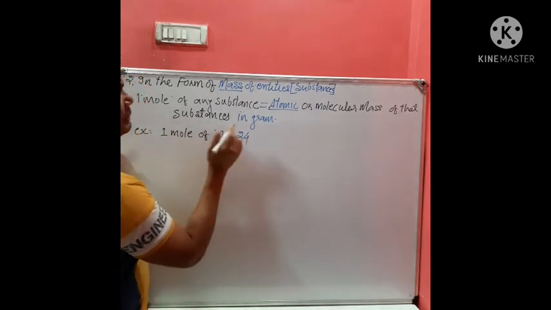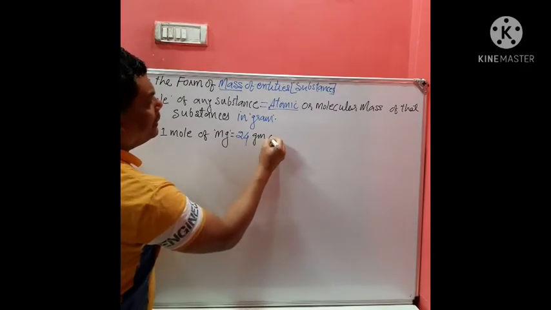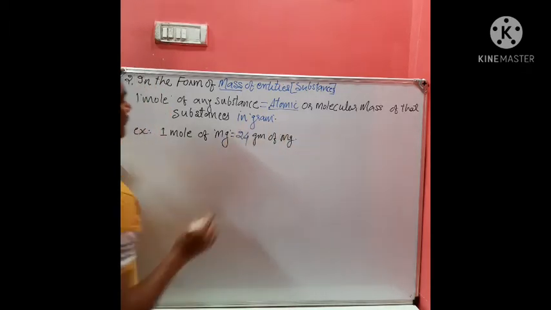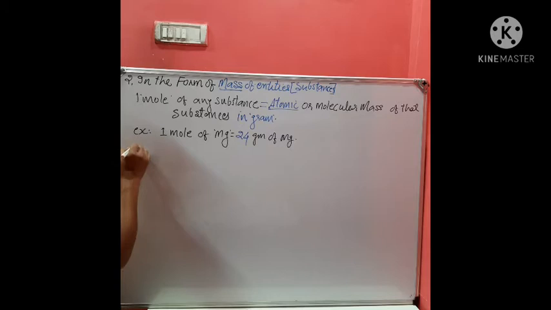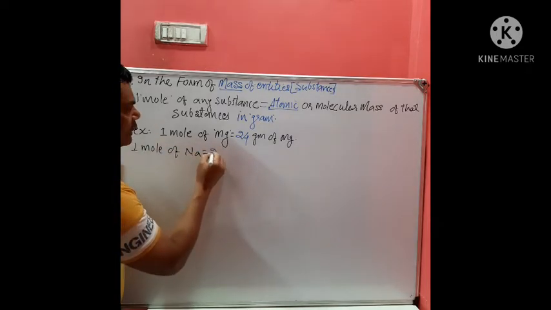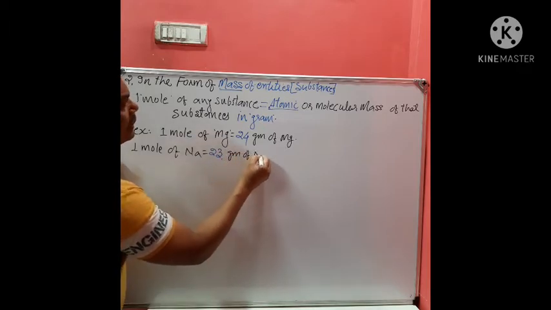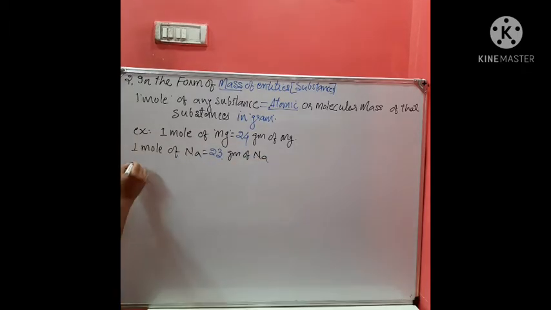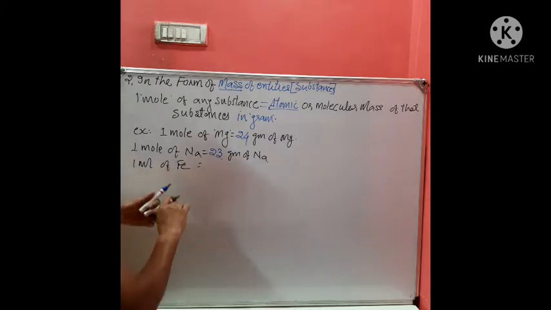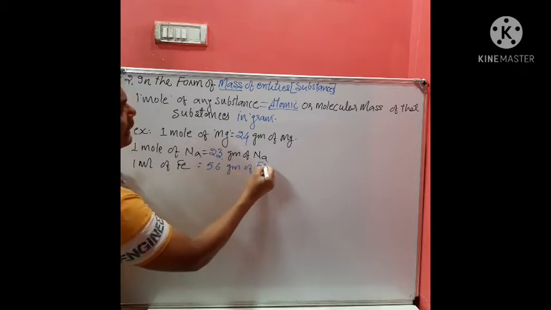So 1 mole of magnesium is equal to 24 gram of magnesium. Now 1 mole of sodium is equal to, what is the atomic mass of sodium? It is 23. So we will use here 23 gram of sodium. Now again I can write 1 mole of iron is equal to 56 gram of iron.